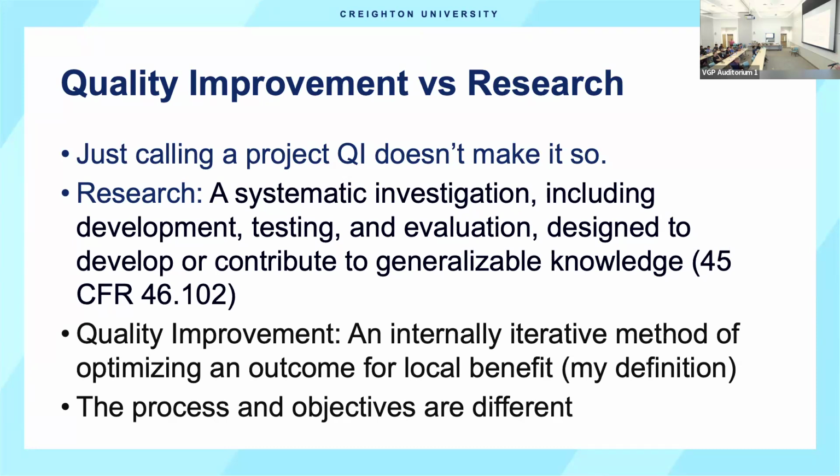How do we improve our central line associated bloodstream infection rate within this organization? How do we optimize our rate of central line associated bloodstream infections? As opposed to, hey, I've developed this new antiseptic, and let's see how well this antiseptic works at improving central line associated bloodstream infections. The latter is research.